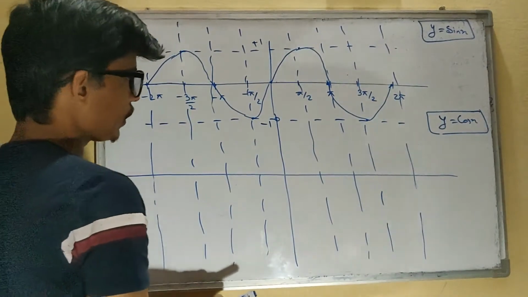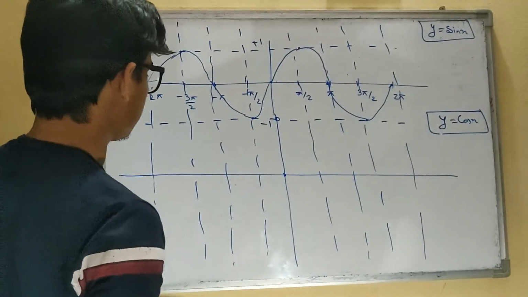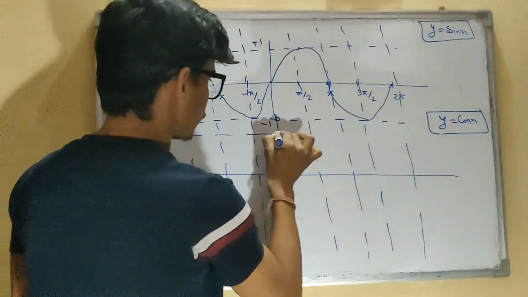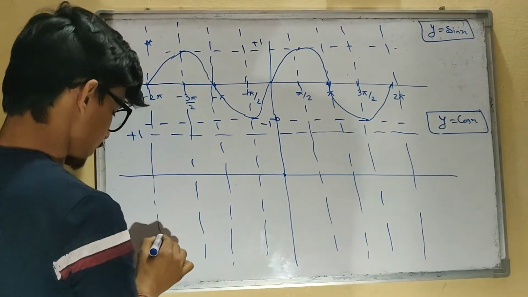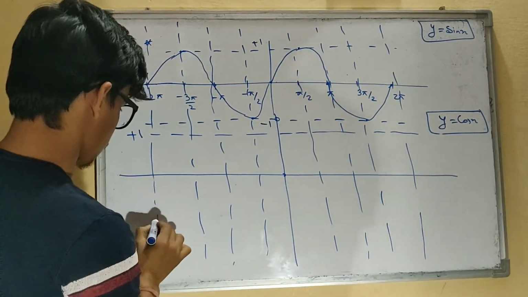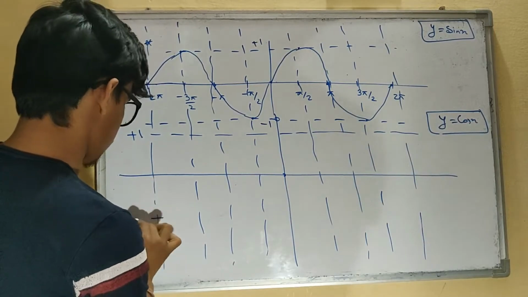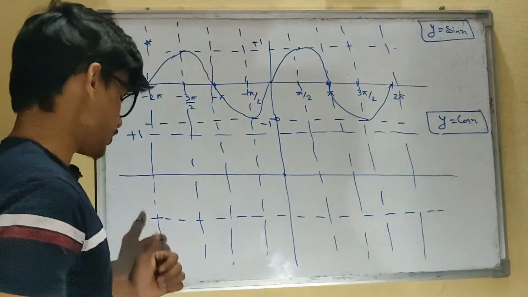So now here it is 0, this is 0, this is 0. For this, this is +1 for cos x, and this is -1, somewhere here. Okay, so this is -1.